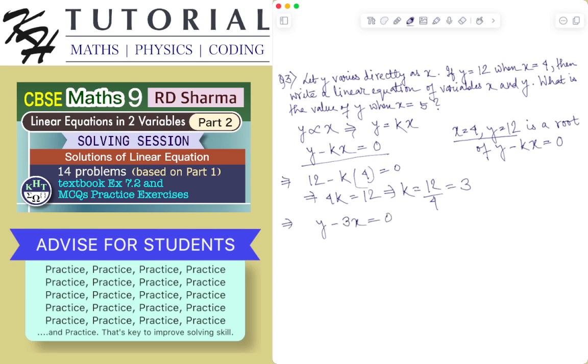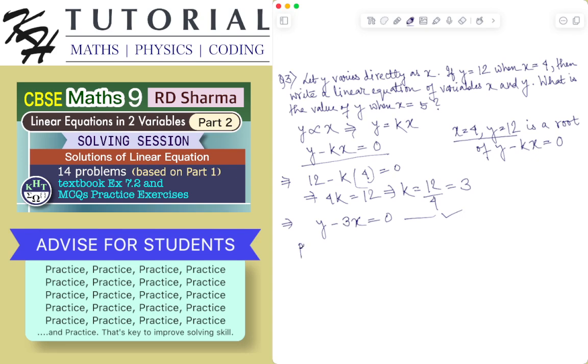Now it is asking what is the value of y when x equals 5. That is, if I put x equals 5 in this linear equation, then what will be the value of y?